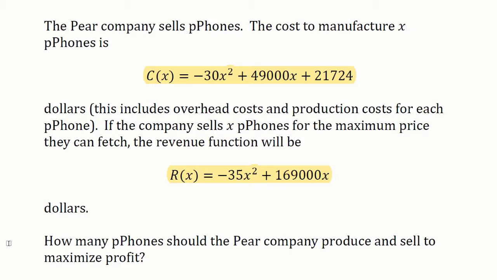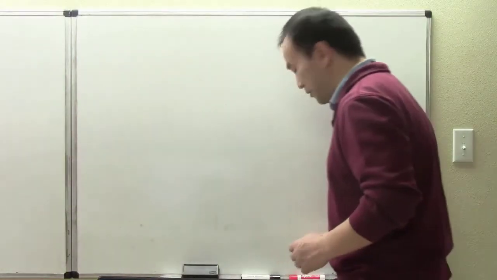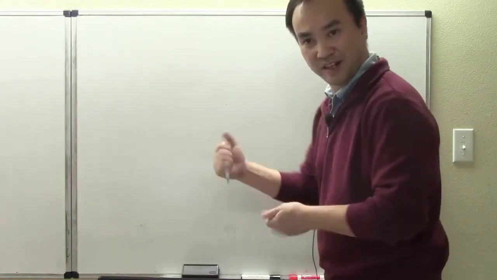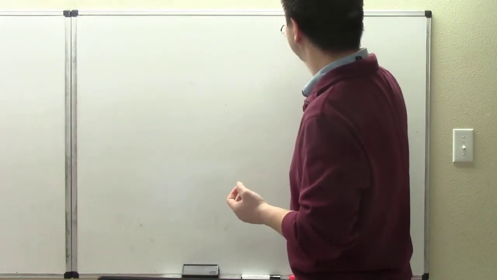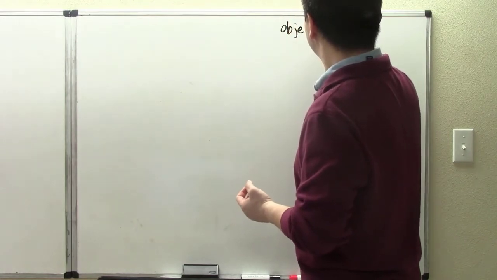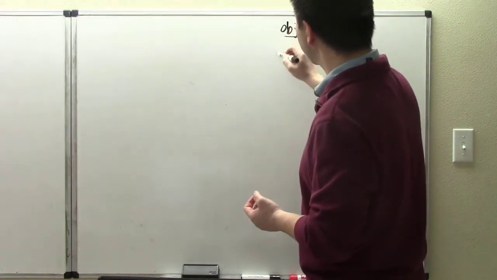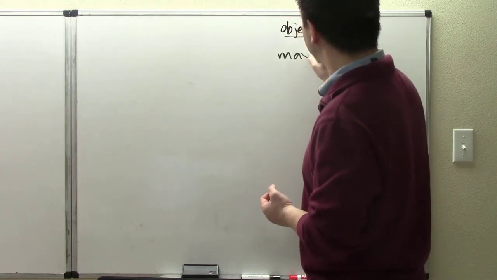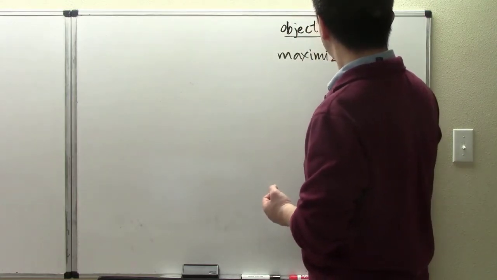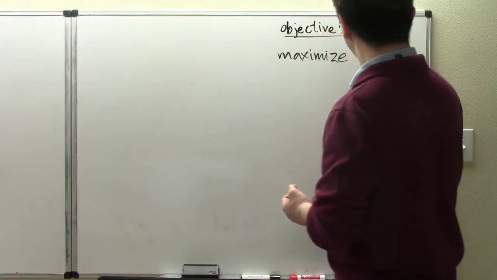When we read the ultimate question, how many P phones should the company produce and sell to maximize profits, this highlighted phrase rings a bell that our objective for this problem is to maximize profits. That's our goal, to maximize profits.